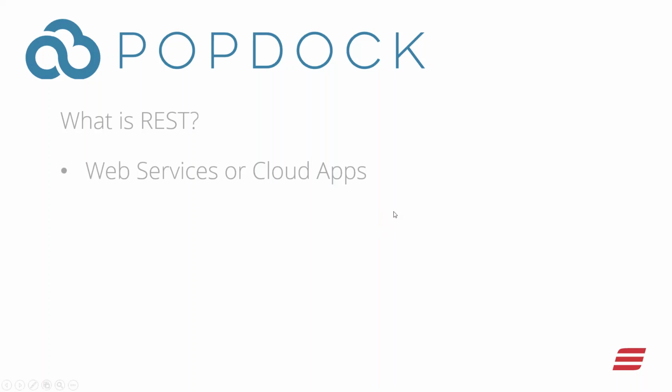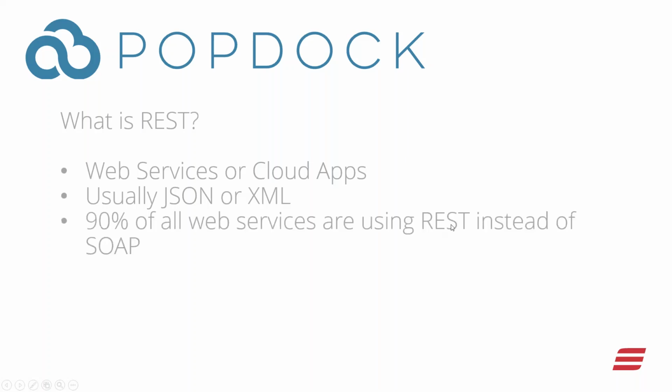So again, think of it as web services. Usually you'll often hear the different data types will be like JSON or XML is the data that you're getting back from one of those things. Again, for the common person, we maybe don't care about those types of things as well, but developers like to know that information on how it's being utilized.